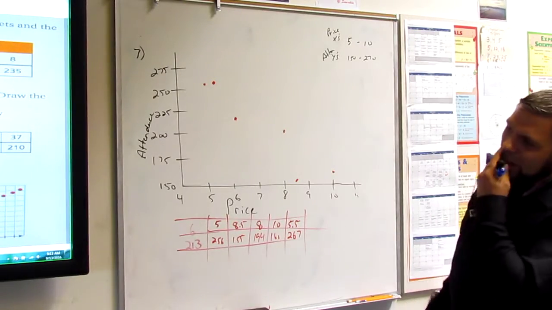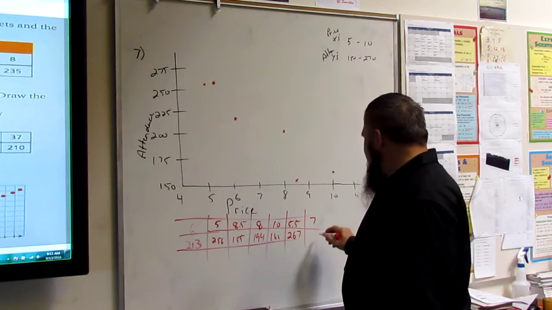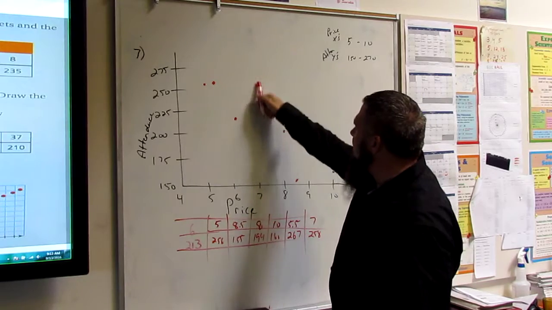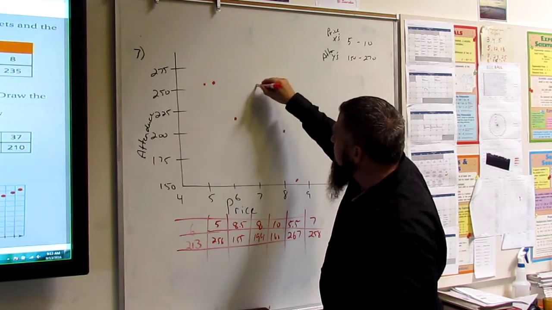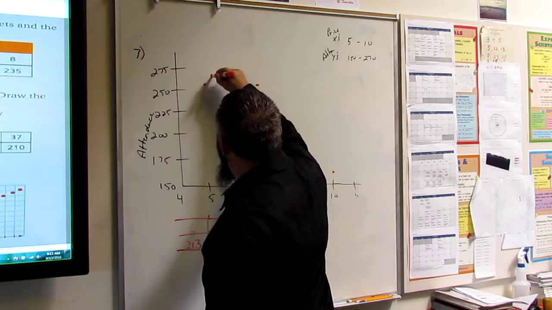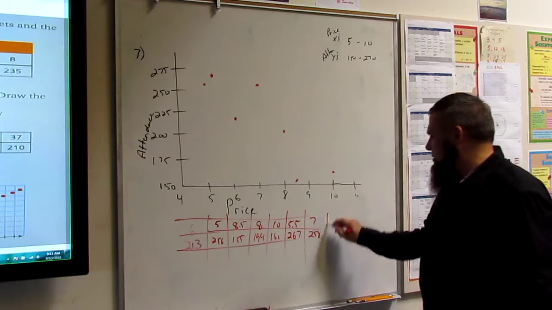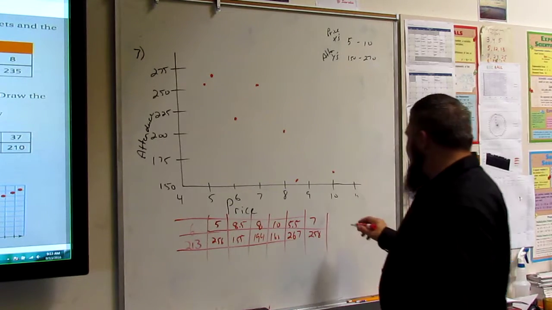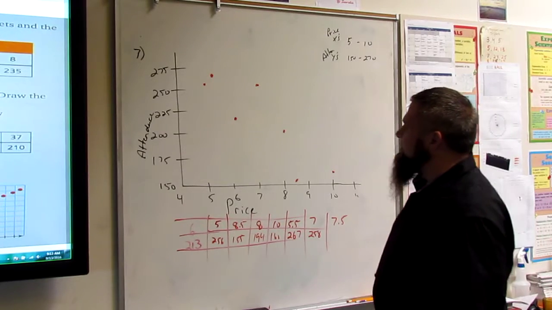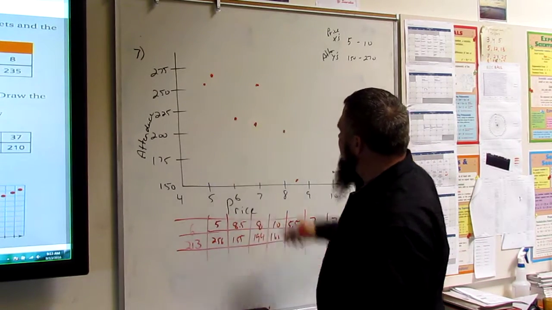And then 7 and 258. Okay, so 7 and 258, right about there. 267 might be up here a little bit. And then 7.5 and 210, somewhere around there.